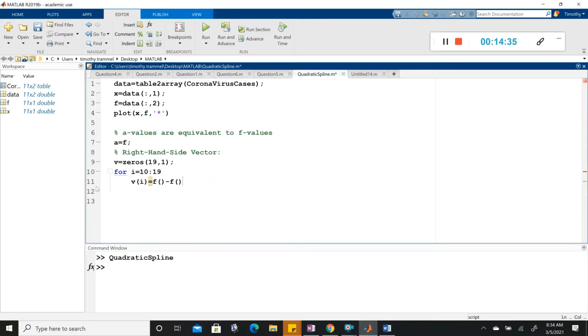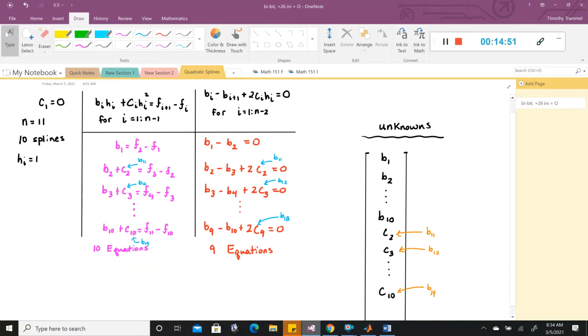But the one thing to keep in mind here is our index is going to be a little bit different. We're saying, right, this is line 10, 11, 12, all the way to 19. But which F's do we want here? If we look back here, notice we want to start off with 2 minus 1 and end with 11 minus 2. So we're going to need to adjust what we have a little bit.